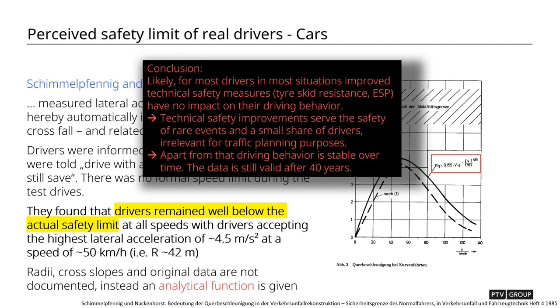And it means that likely, although this data is 40 years old, it's still valid, because the feeling in the stomach has not changed probably. It doesn't depend on sitting in a car of that time compared to sitting in a car now. It might be different for the fastest drivers, professional drivers, who use the technical abilities, but that's not what we do the traffic planning for.